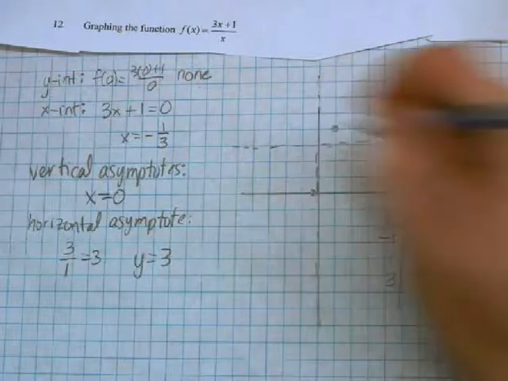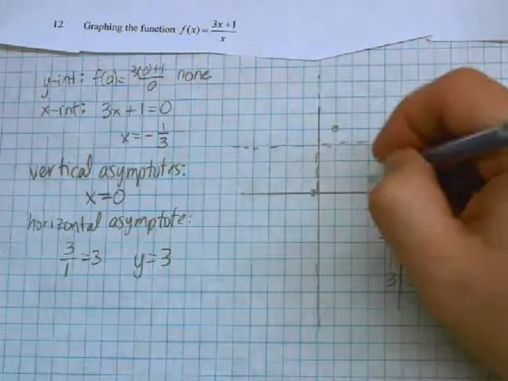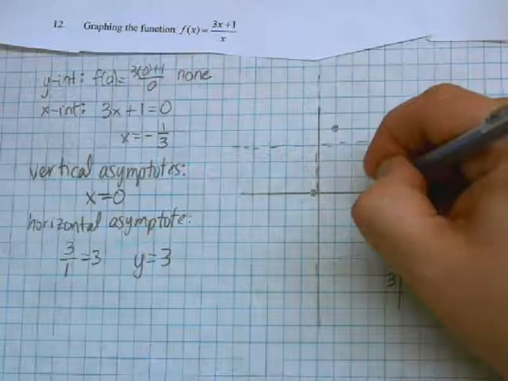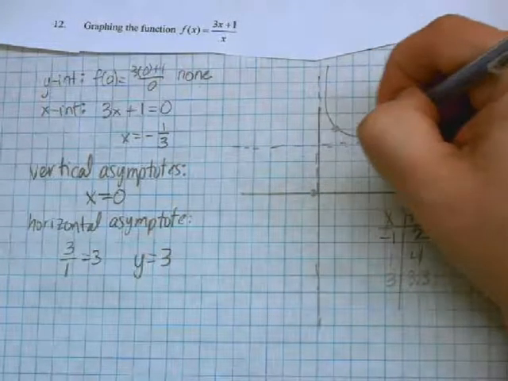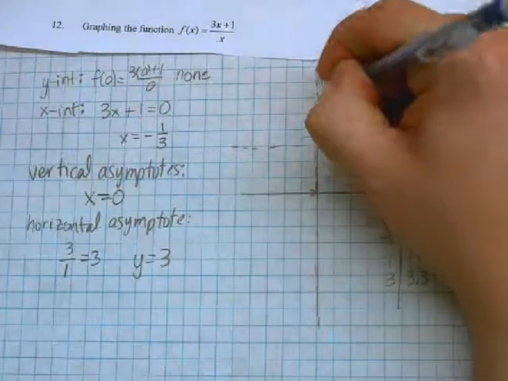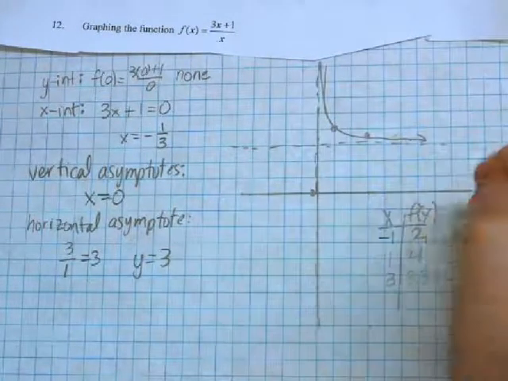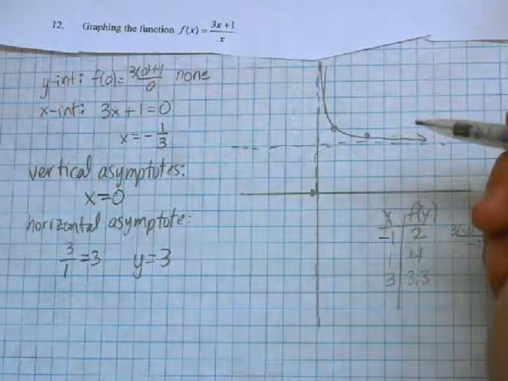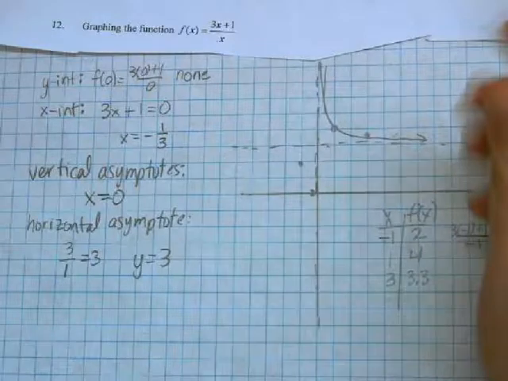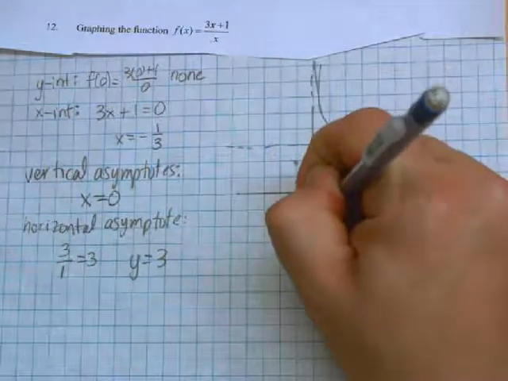There's 1, 4. 3, about 3.3. So we can kind of see something like that up there. Here I've got negative 1, 2. And then kind of see what the graph's going to look like there.